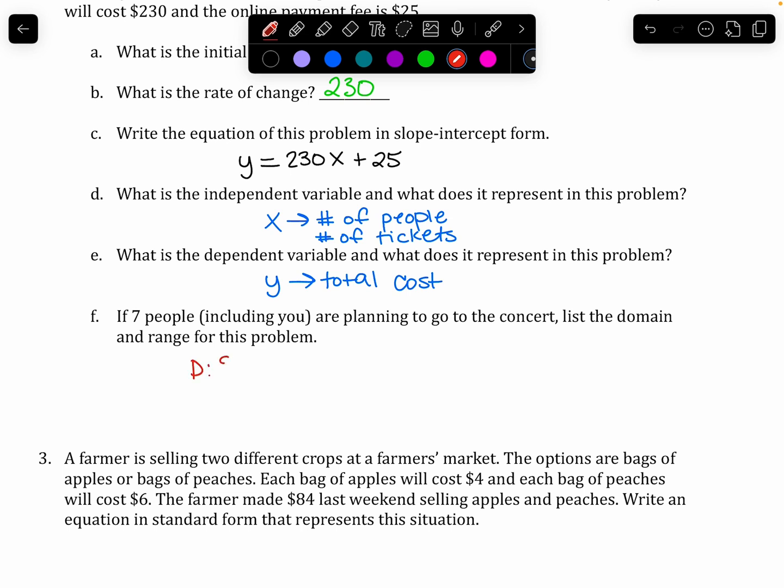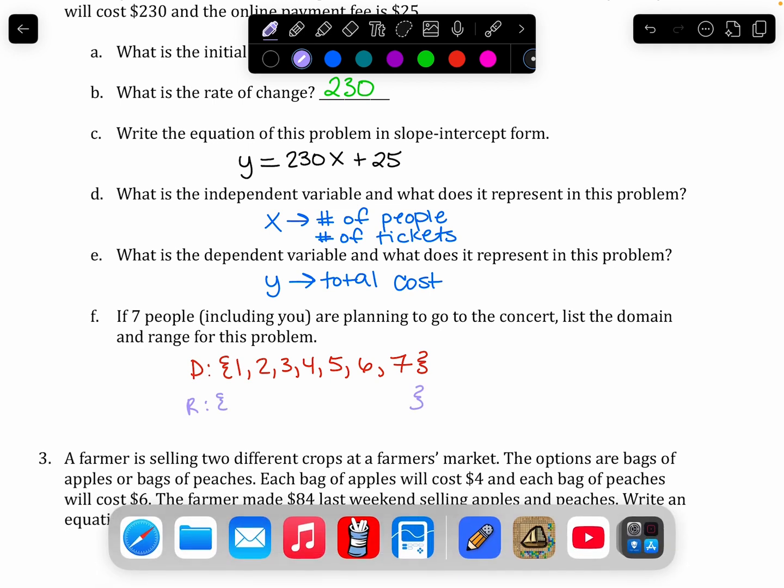Okay, and then if 7 people, including you, are planning to go to the concert, list the domain and range for this problem. So my domain are my X values. There's 7 people going. People can only be discrete. You cannot have a continuous person, because that would mean that you have parts of people, and that's weird.